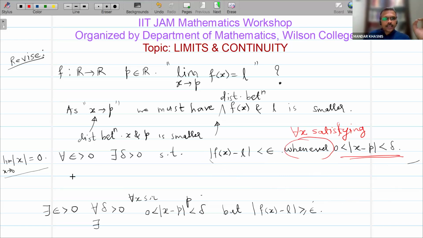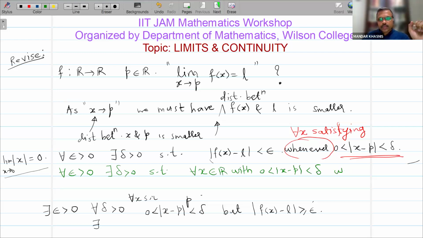I can write: for every epsilon positive, there must exist some delta, I should be able to adjust some delta such that for every x in the domain with 0 less than mod x minus p less than delta, we must have mod f(x) minus L less than epsilon.